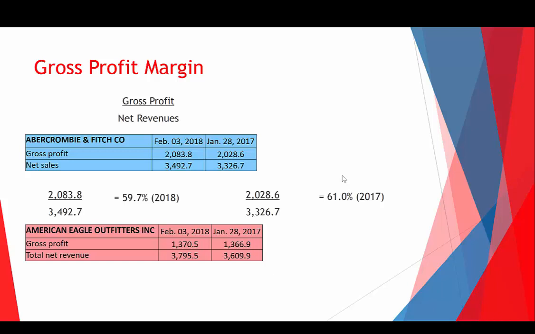But it is helpful to compare it to a competitor like American Eagle here. And you see their gross margin was 37.9% in 2017, and in 2018 it was 36.1%. So they had a similar decrease as well. So maybe something larger happened in the industry.